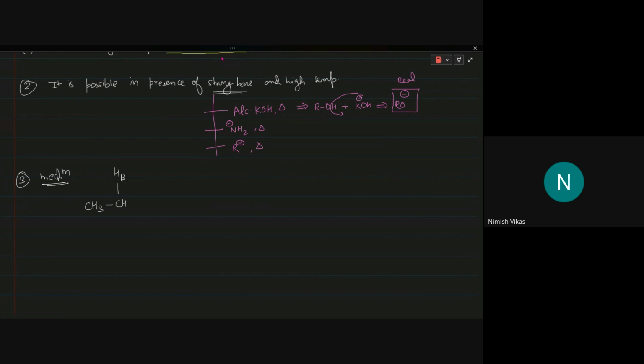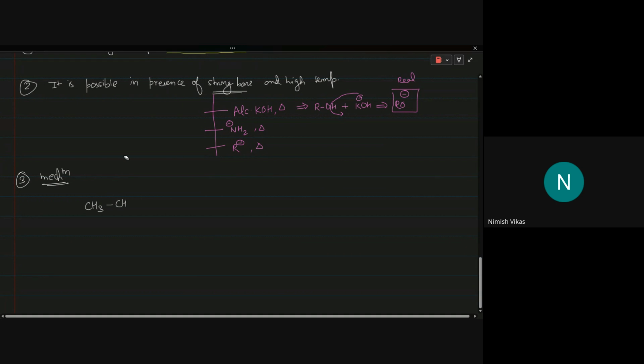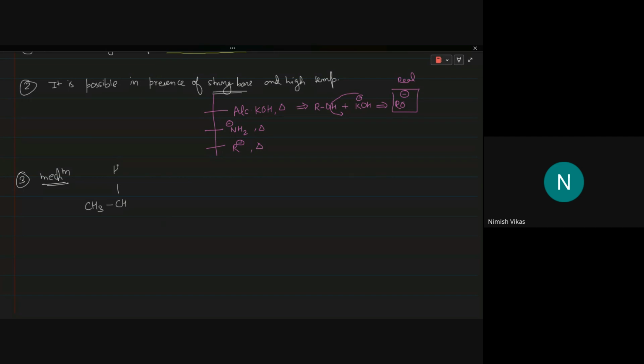Then CH with any halogen X, and here also CH2 with H, like this. You are treating this compound with alcoholic KOH and heating.